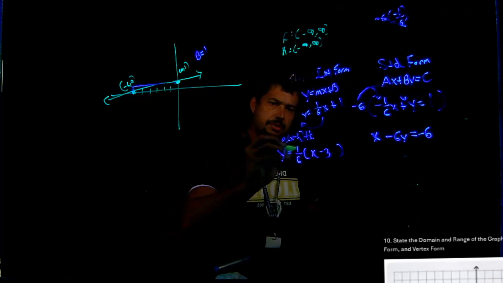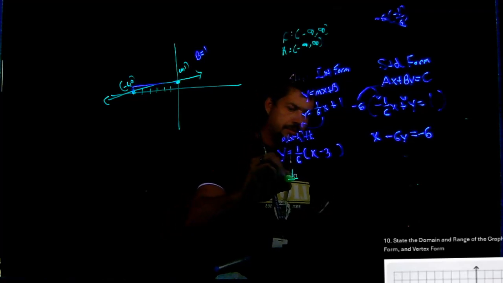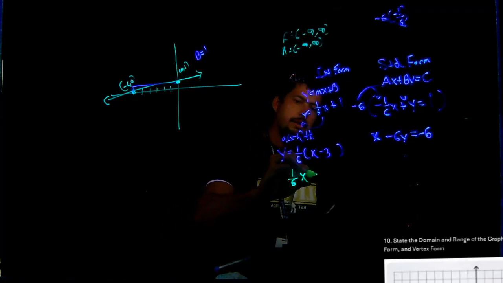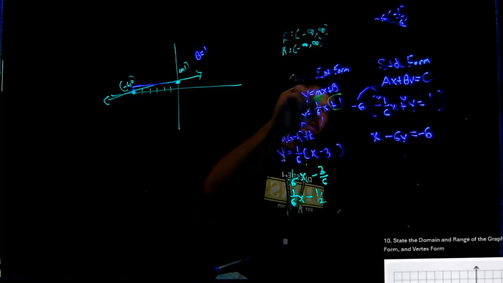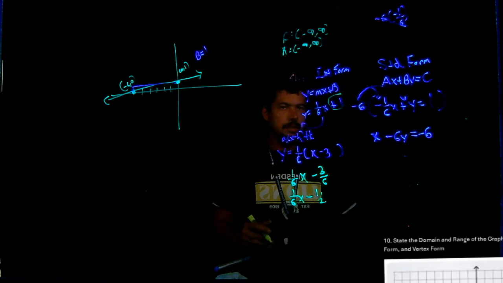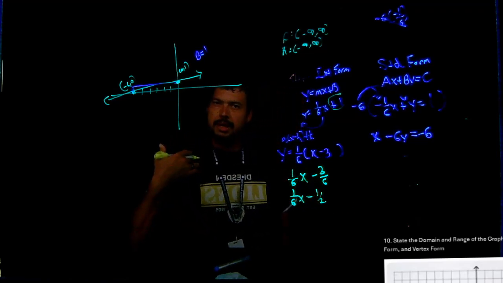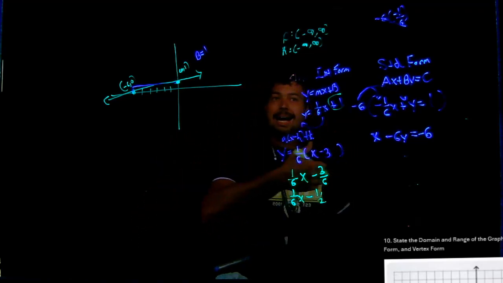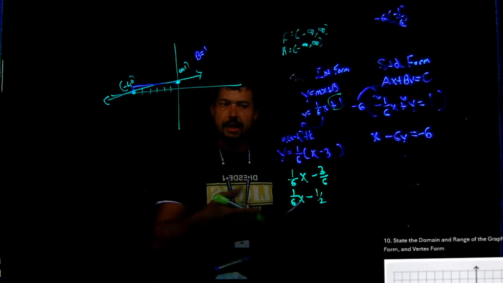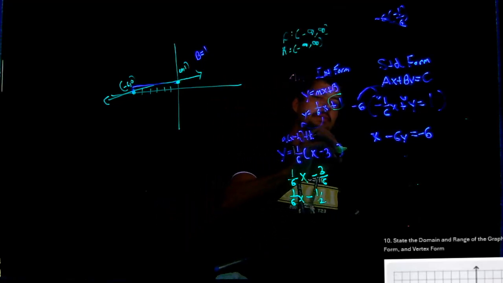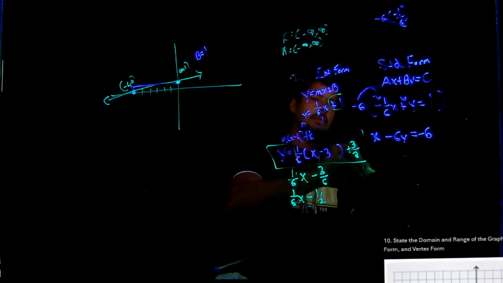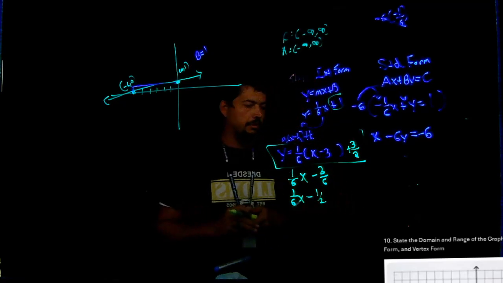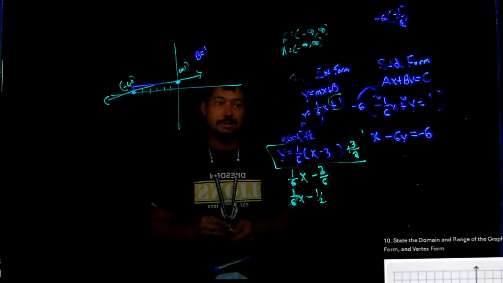If I was to distribute that 1/6, I would have 1/6 of x minus 3/6, which is 1/6 of x minus a half. I want plus a 1. So how do I go from negative 1/2 to becoming 1? I add 1.5. I add 3/2.